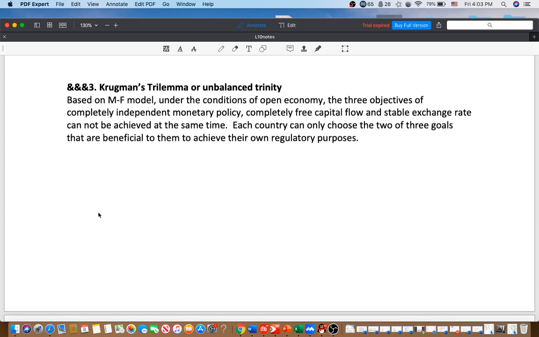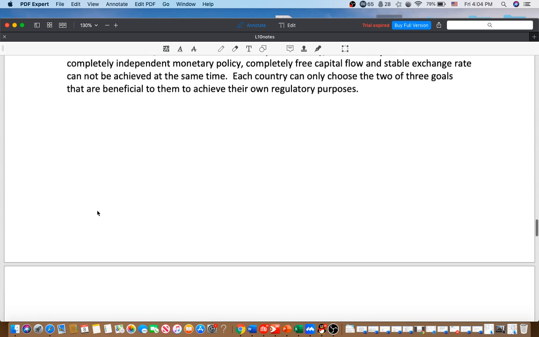The three objectives of completely independent monetary policy, free capital flow, and stable exchange rate can't be achieved at the same time. Each country can only choose two of the three goals that are beneficial to them.